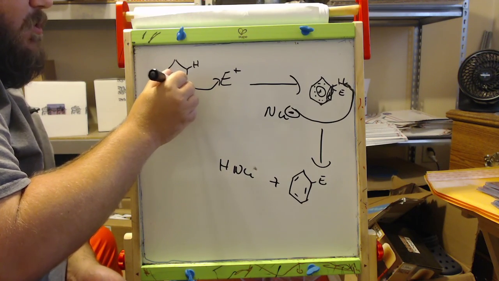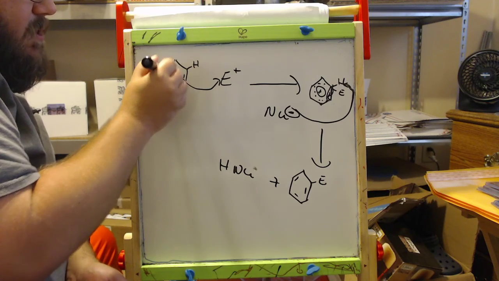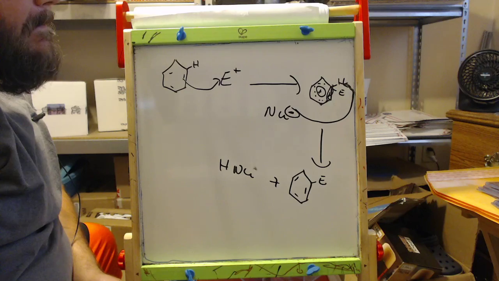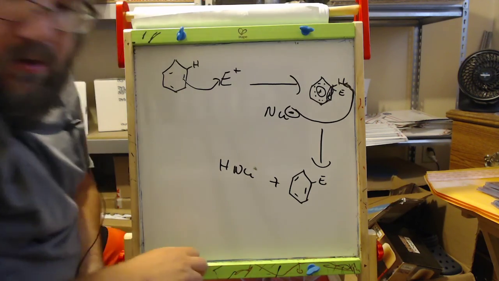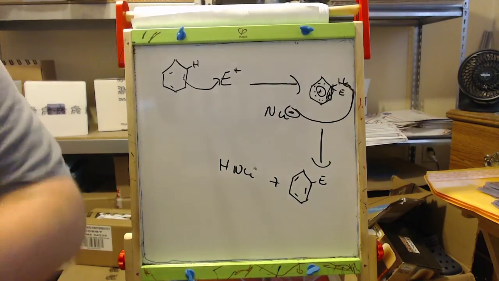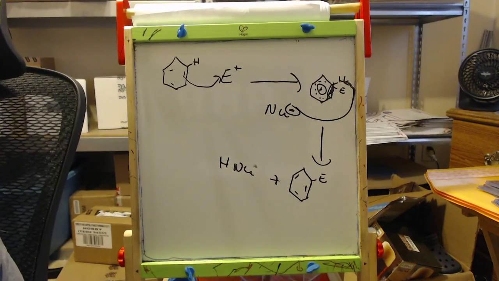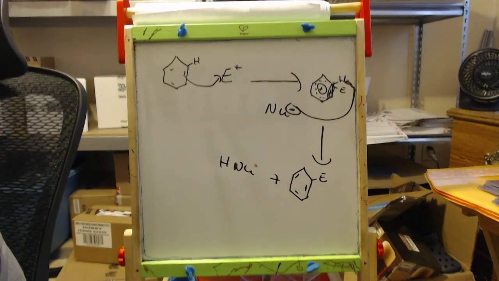This carbon needs emotional support, and these other carbons are here for the emotional support of this carbon losing these electrons. That's the general reaction for our EAS reactions. And it happens like this every single time, no matter what your electrophile is, no matter what the nucleophile is to pick up the hydrogen.